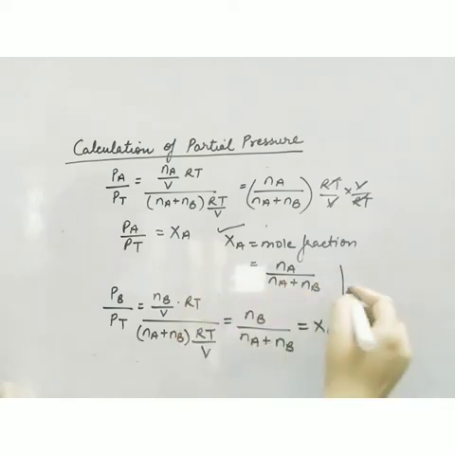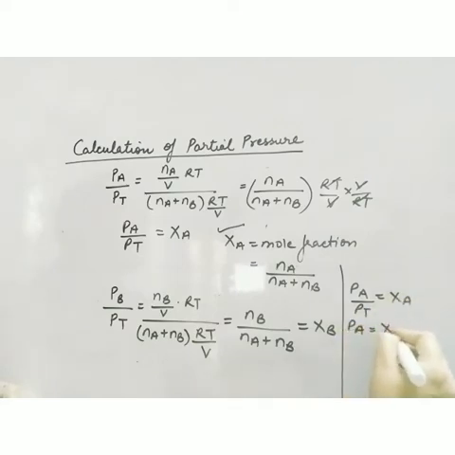So now we are getting two things: Pa upon Pt is Xa, or Pa is equal to Xa into P total. Likewise, Pb is equal to Xb into P total. So if I know the total pressure and the mole fraction, meaning the ratio of moles, I can calculate the individual pressure. So this is all about Dalton's law of partial pressures.